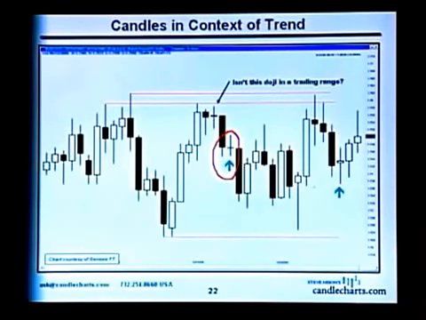Over here, in this red circle. Now it's a spinning top, but once again, because it's Forex, to me it's the same as a doji. Is it still in the middle of a box range? No trading implications. However, I love trading box ranges. Why? Because we have clean-cut support and resistance.